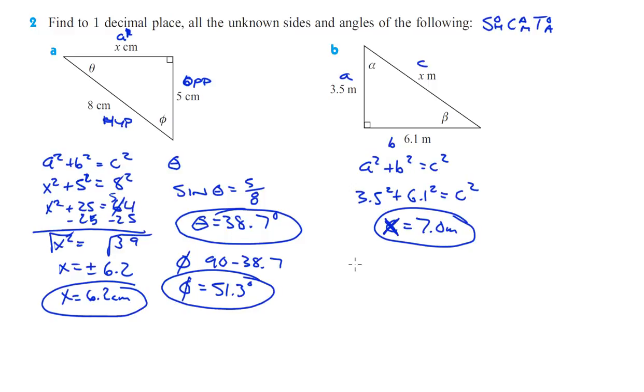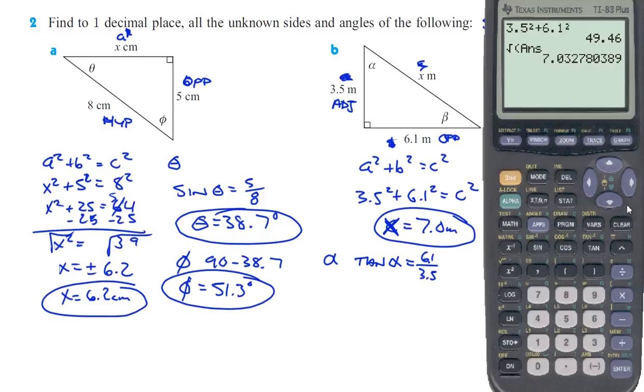And then now to find the angles, let's say we're looking for alpha here, which looks kind of like that. These sides here, let's get rid of the A, B, and the C. So this side here is the opposite, and this side here is the adjacent from alpha here. So opposite and adjacent is going to be tangent. So let's do this. Tangent of alpha is going to equal 6.1 over 3.5, right? Because it's opposite over adjacent.